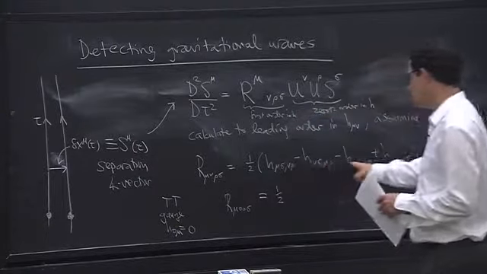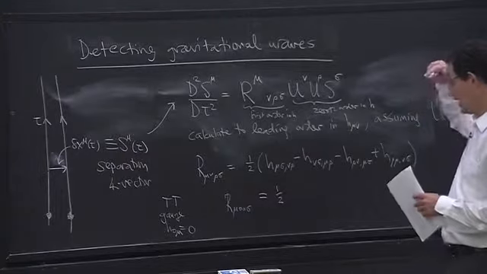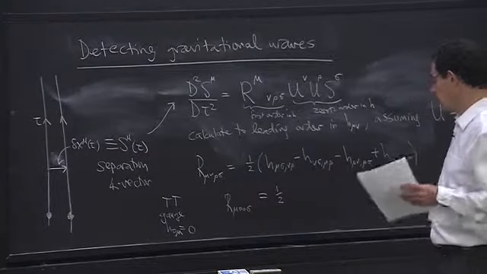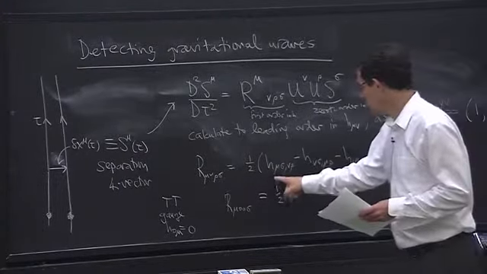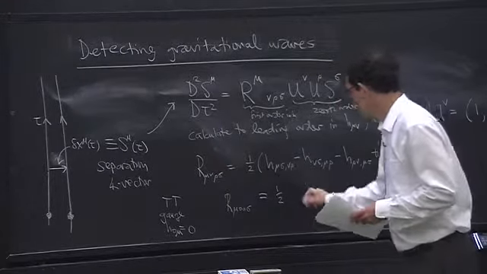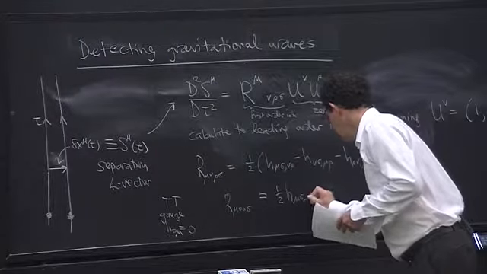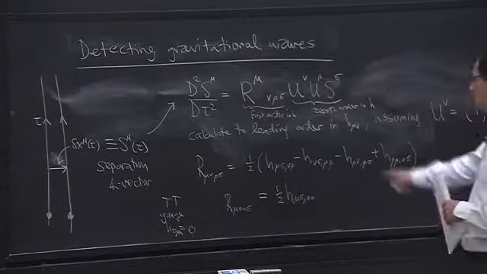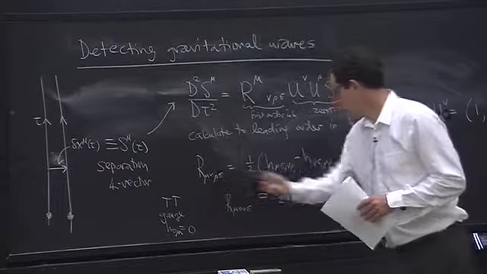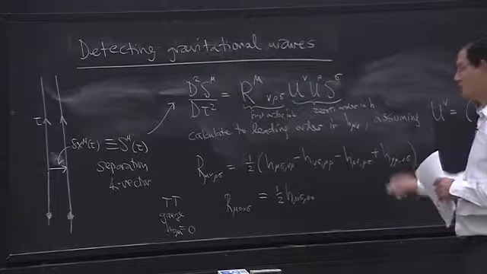I just need to look at these terms and see if they have any 0 indices on the h, and if they do, then they must be 0. So the only non-zero term is the first one, h mu sigma, 0 0. Because nu is 0 and rho is 0, this is 0, and this is 0.